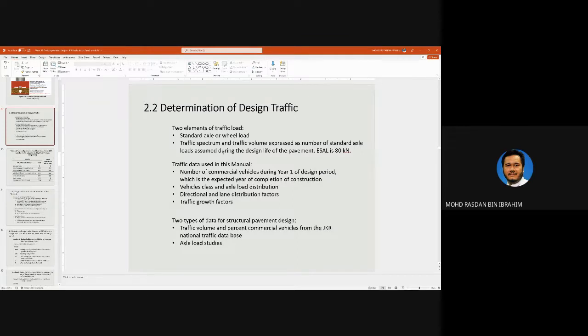So you need to convert those traffic into equivalent standard axle load. How many ESALs are going to react on our pavement? One ESAL, as you may recall from last week's lecture, is 80 kilonewton.